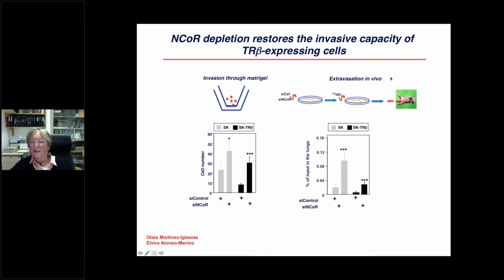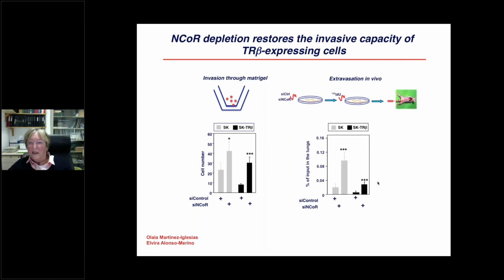And the same happened when we conducted extravasation assays in vivo, a few hours after injection of the cells into the mice, we looked at the cells that were able to extravasate from the blood vessel and to enter into the lungs. Expression of TR-beta reduces significantly cell extravasation, and when NCOR is knocked down, there is an important increase in the number of cells that can reach the lungs.